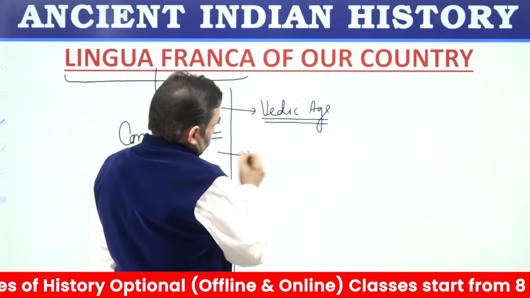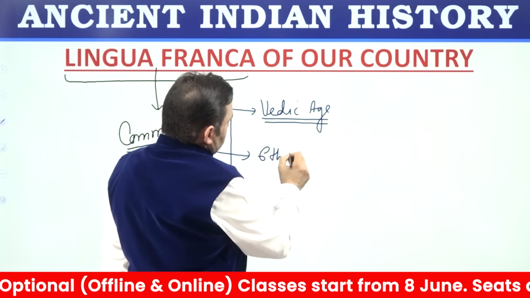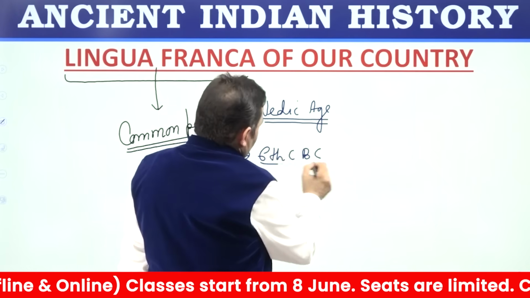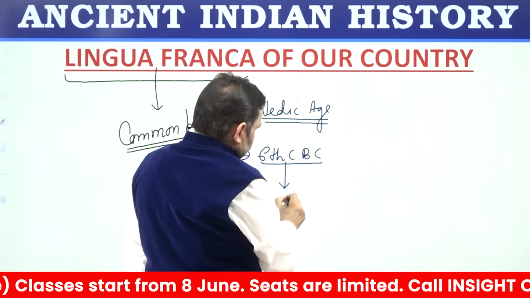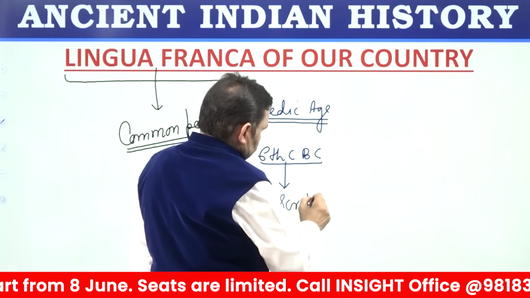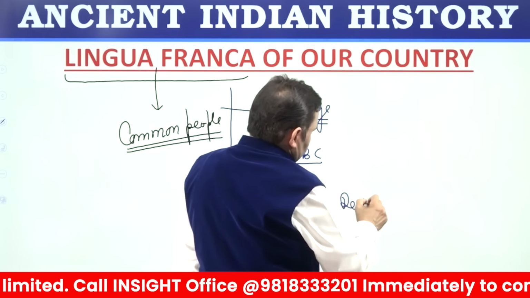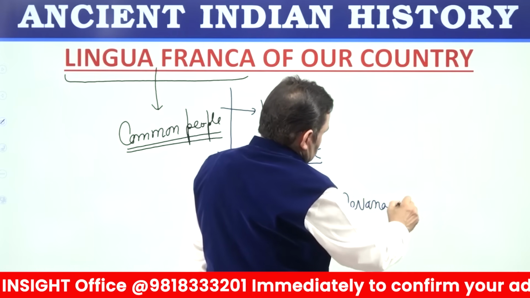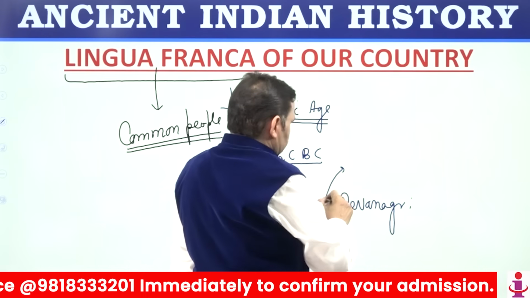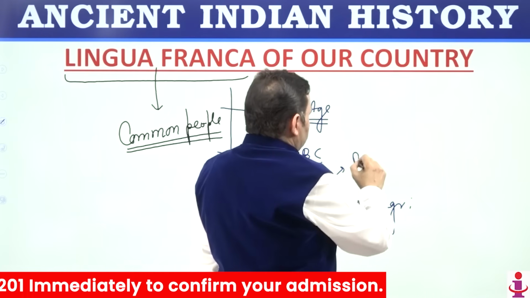Then in the 6th century BC, a script was developed by Aryans, and this script was Devanagari script. At the same time, there was another script, the Brahmi script.